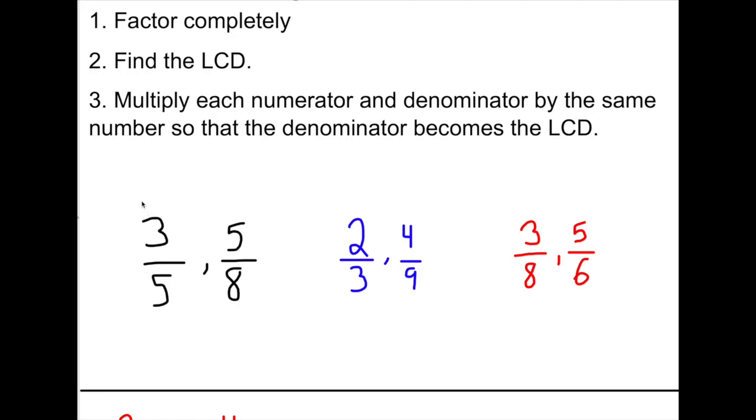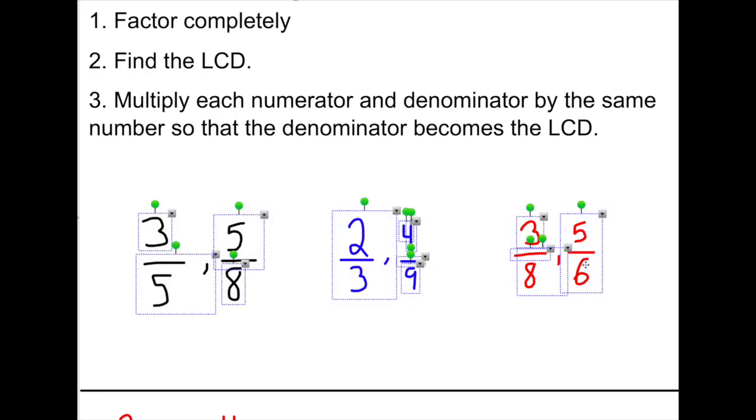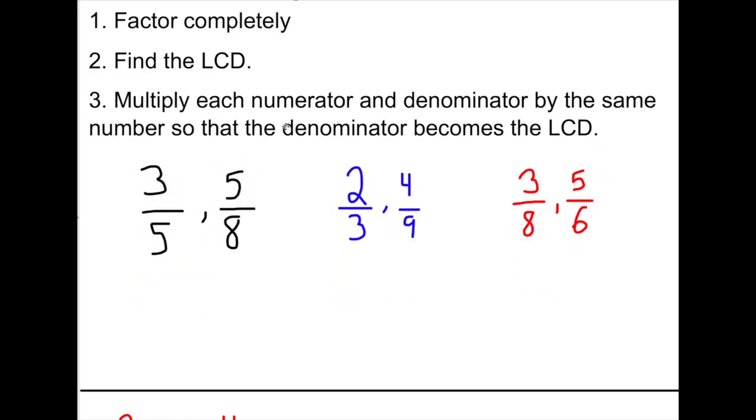We multiplied the top and the bottom by the same number so that the denominator would be equal to the least common denominator. Here, I would multiply by 8 over 8, which is equal to 1. So the value doesn't change because multiplying by 1 keeps something the same, but the expression itself looks different.